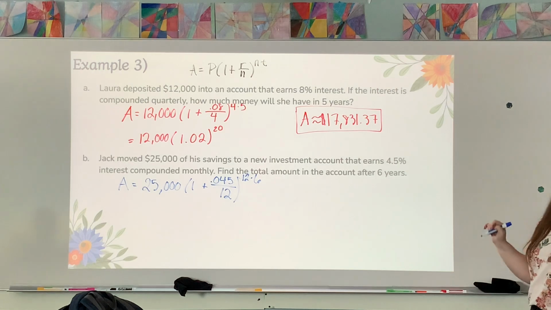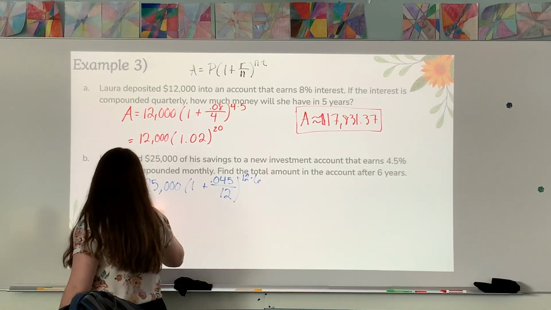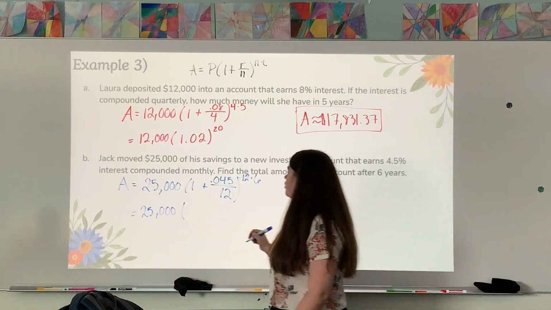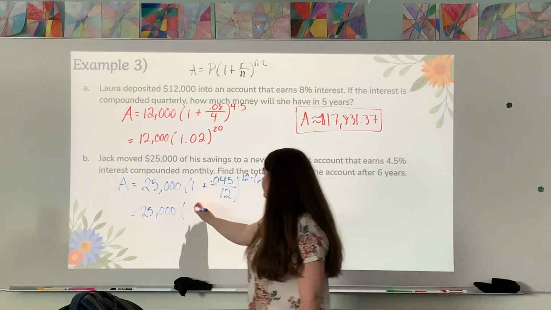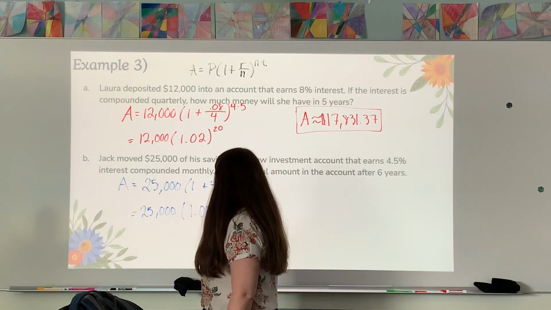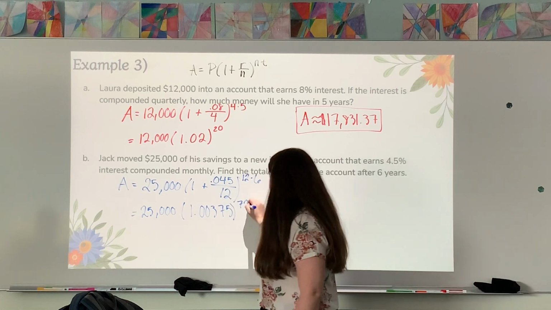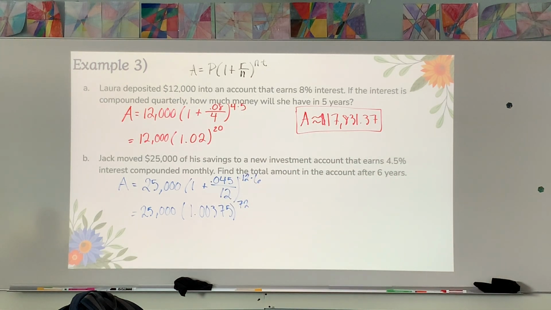Okay. So then if we simplify this, we have 25,000 times, what's 0.045 divided by 12? So we have 1.00375 to the power of 72.